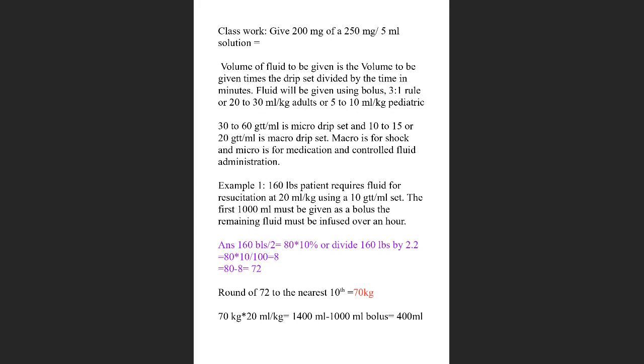Give the first 1,000 mils as a bolus, and then give the remaining portion over an hour. What is your drip rate per minute? I didn't say per second, I said drip rate per minute. Work that out. If you want me to repeat the question, raise your hand. Okay. So this is the question.